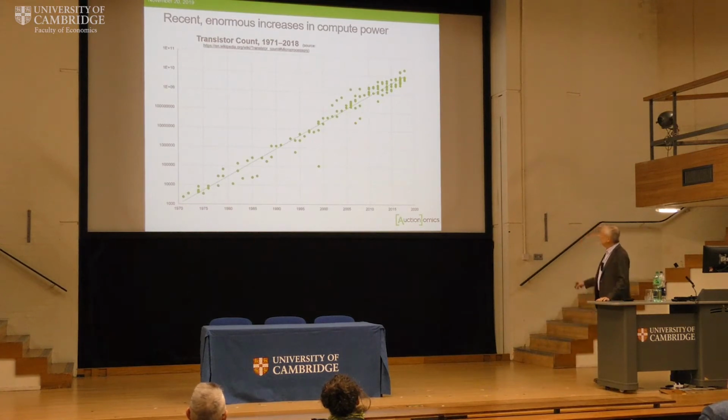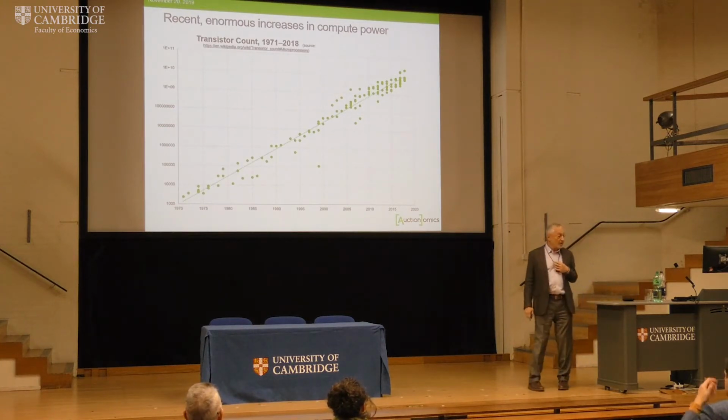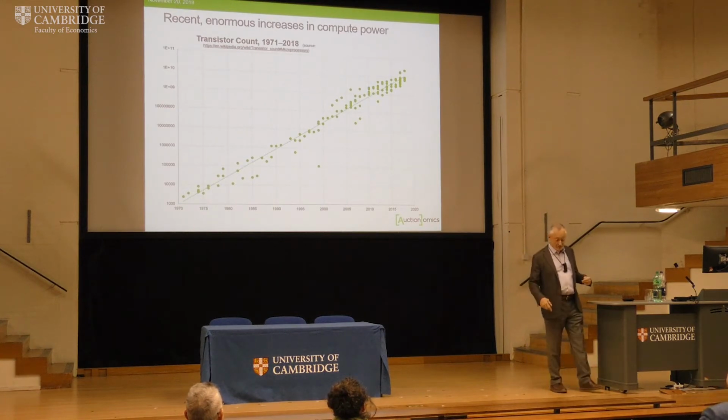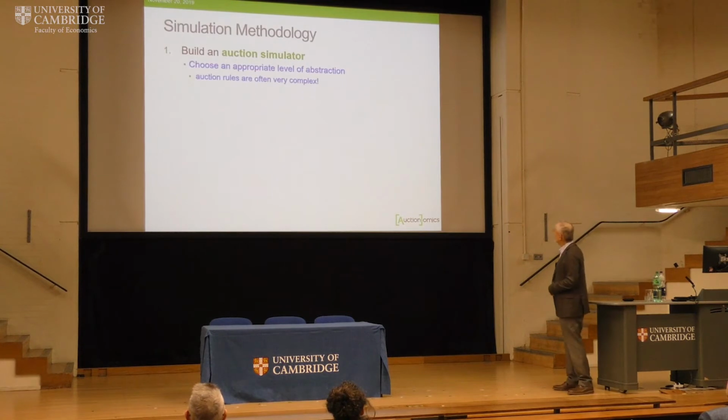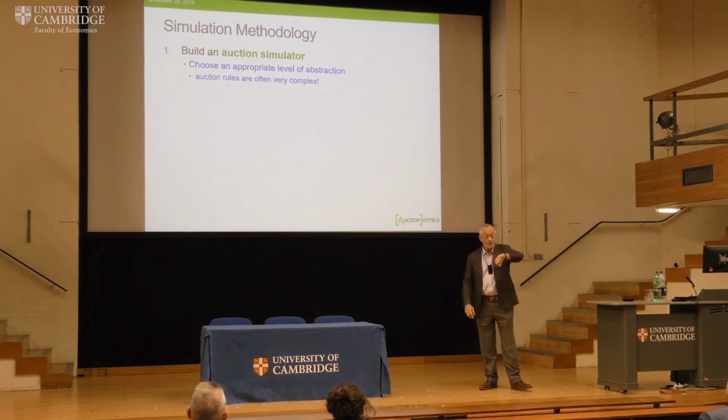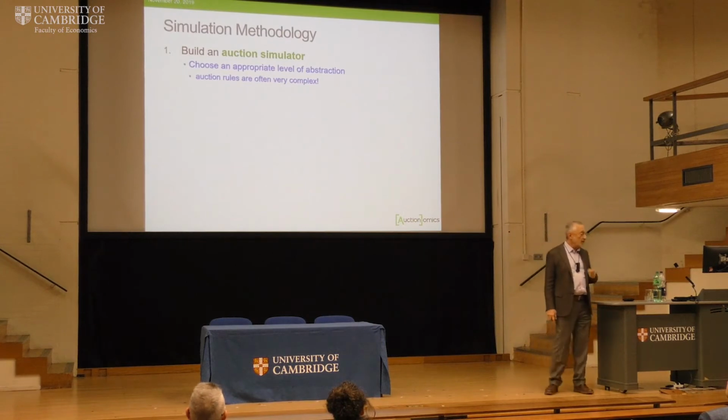This is a log scale over here, so it's how many transistors we can put on a chip, and on a log scale, basically this thing has been growing exponentially for a long time, and we now have a lot more computing power. Every few years we have a factor of 10 more computing power than we had before. And that was very important both for running the auction and also for these simulations, and I'll show you how much computing power they took. Okay, so the simulation methodology, what I'm going to be reporting to you about simulations involves multiple steps.